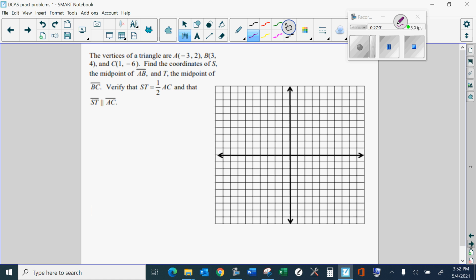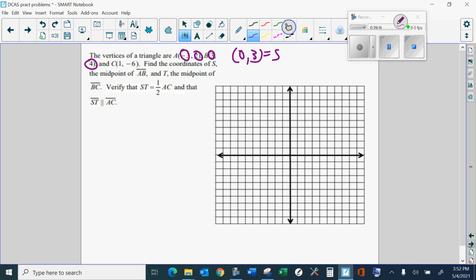Okay, next. The vertices of the triangle are these. Find the coordinates of S, the midpoint of AB. That's just the midpoint formula. -3 plus 3 is 0, divided by 2 is 0. 2 plus 4 is 6, divided by 2 is 3.